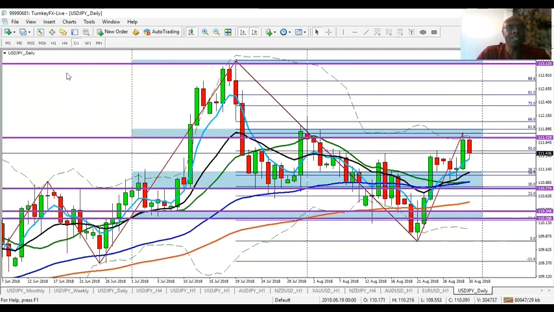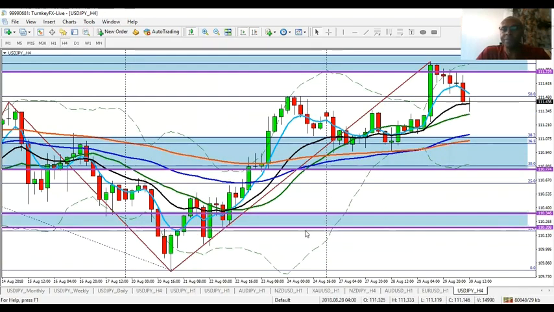So now let's look at the 4 hour. On the 4 hour, each period separator is 1 week.